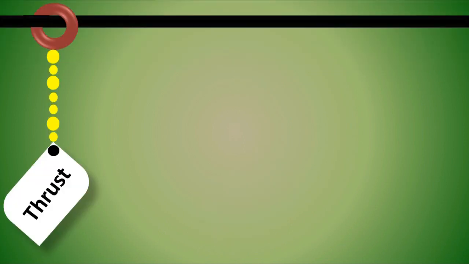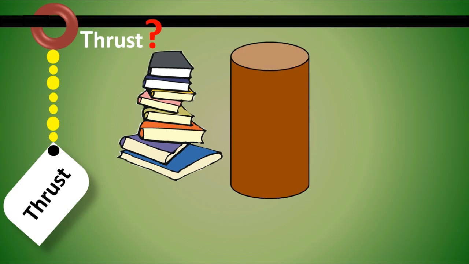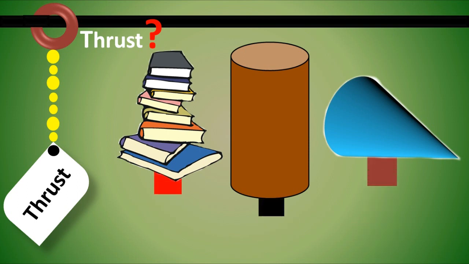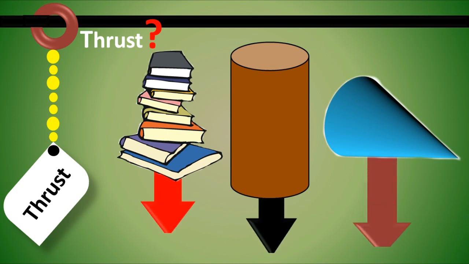Before we look into the definition of what is meant by thrust, let me give you a few examples. If you take any objects and place them on any surface, these objects will exert force due to the weight of the object, and this force, as you could see, acts normally or perpendicular to the surface in contact.